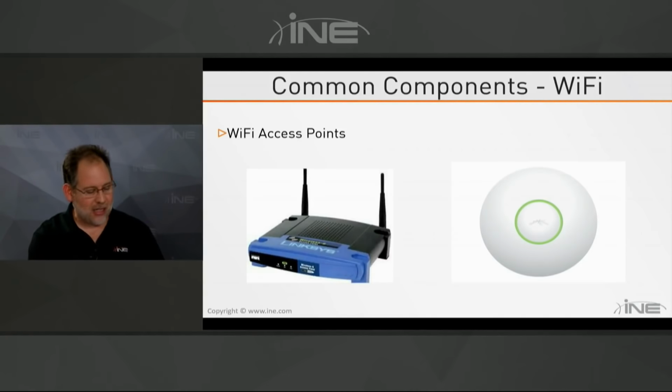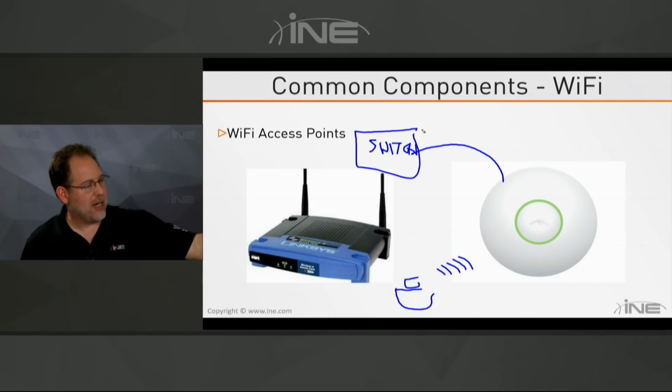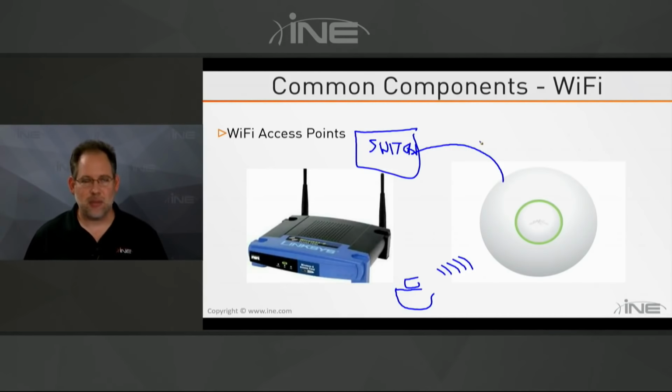And then the Wi-Fi access point is receiving wireless radio energy from your laptop, and then it in turn has a cable, which will most likely go back to a switch. So you're not going to see the switch, you're not going to see the cable, but you probably will see the Wi-Fi access point somewhere on the wall or on the ceiling somewhere.